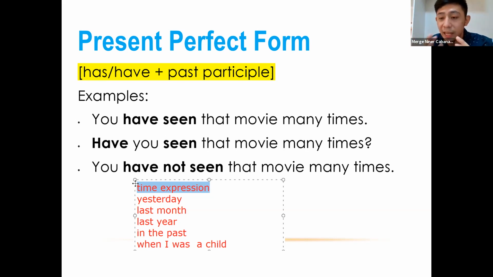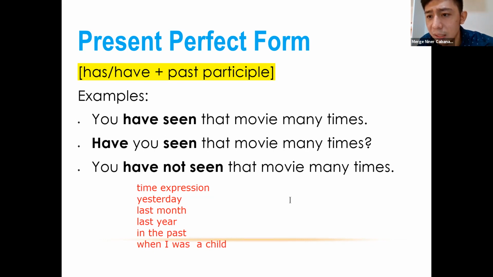If I am going to say that an idea occurred in the past without telling you when that idea happened, for example, I have eaten the leftover pizza. Let me type it. I have eaten the leftover pizza.